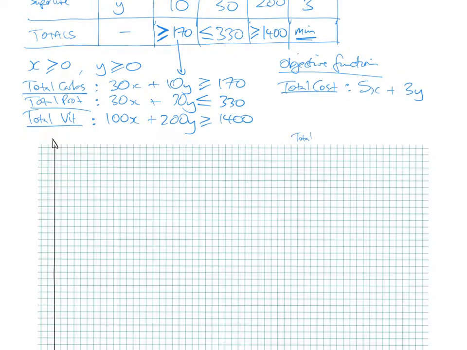The x-intercept is going to be when y is equal to 0. 30x plus 10 lots of 0 is equal to 170. 30x is equal to 170. x is equal to, we need to work out what 170 divided by 30 is. So calculator time. 170 divided by 30.